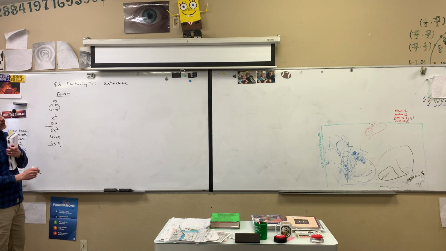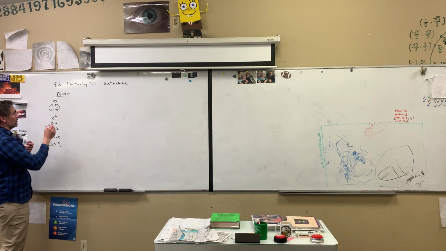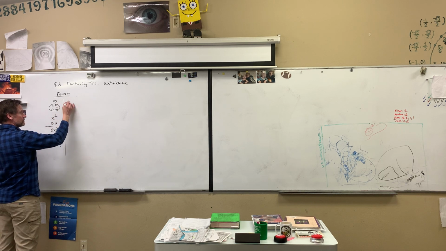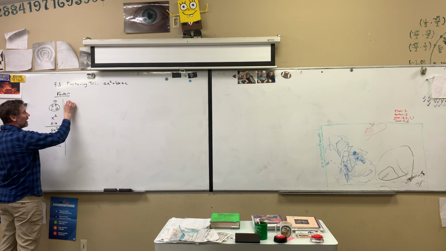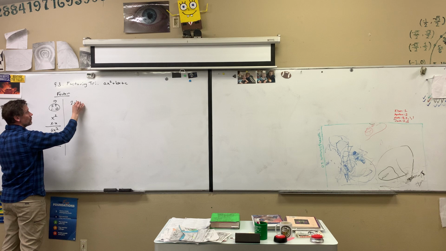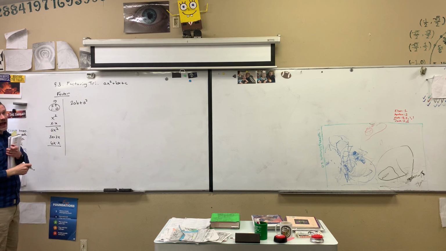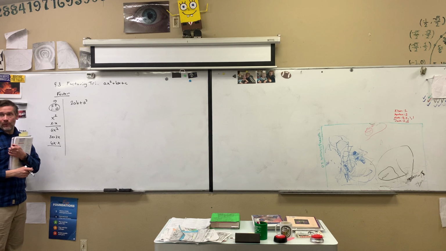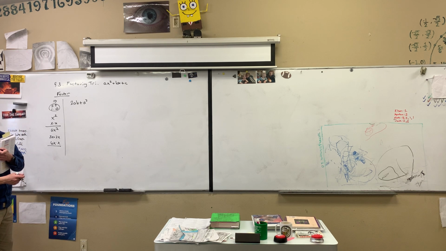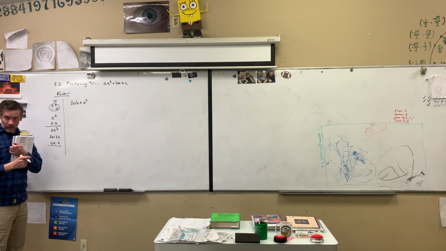And then when we went into factoring initially, let's say we had 2ab plus a squared. If I said factor this, what were the steps? Find what they have in common, right?